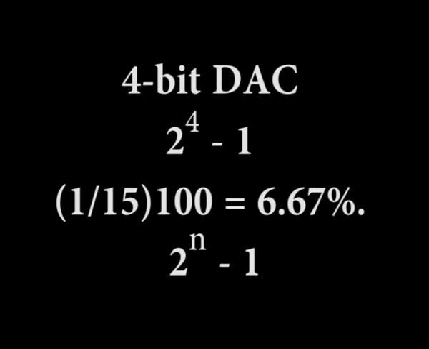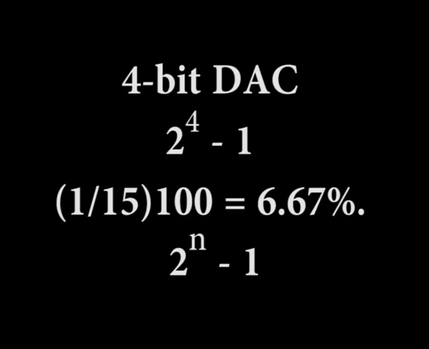Resolution. The resolution of a DAC is the reciprocal of the number of discrete steps in the output. This, of course, is dependent on the number of input bits. For example, a 4-bit DAC has a resolution of 1 part in 2 to the power 4 minus 1, that is 1 part in 15, expressed as percentage.